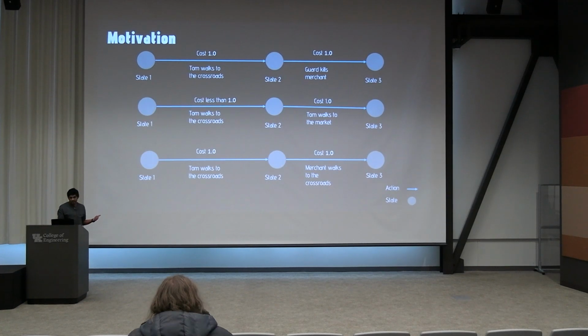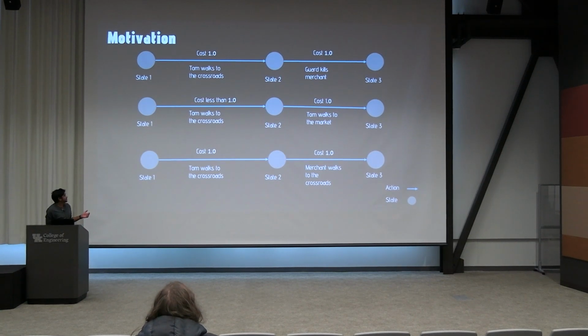If the previous action is causally necessary, we give some value that is less than 1, and if an action is not causally necessary, to that set of actions we give a cost of 1. So here you can see on the second sequence, Tom walks to the market. In order for Tom to walk to the market, Tom needs to be at the crossroads, so it costs less than 1 on the second sequence.